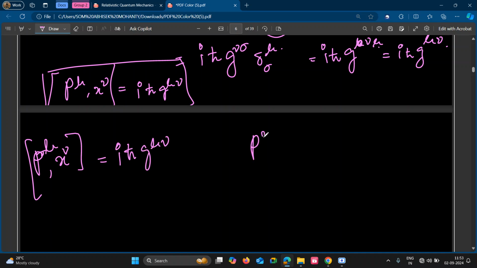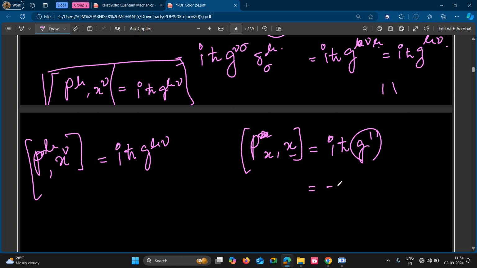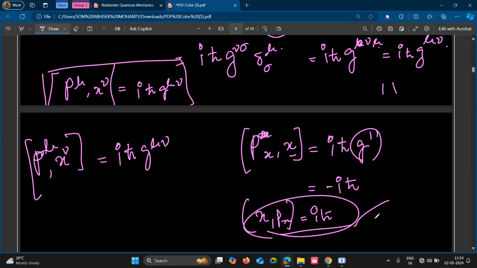So if this is p x, x commutation, so it should be i h cut g x x. x is of which component? x is not 0, x is 1. So g11, g11 is what? Minus. So it is minus i h cut, because x p x would have made what? i h cut. Alright, is it alright? So this is the thing.